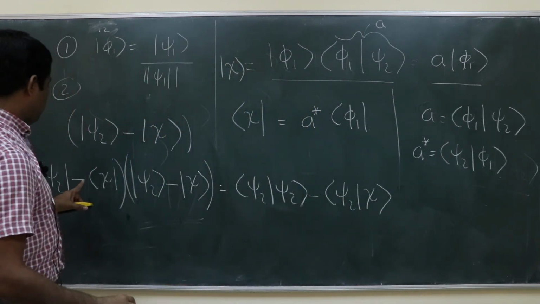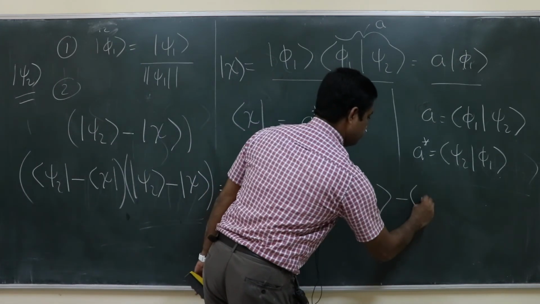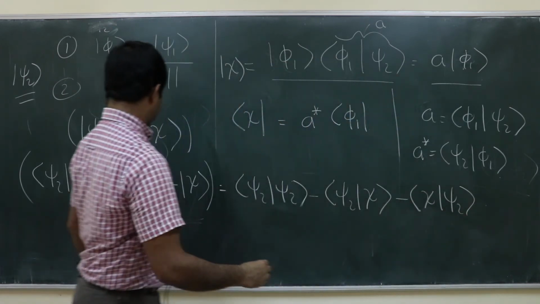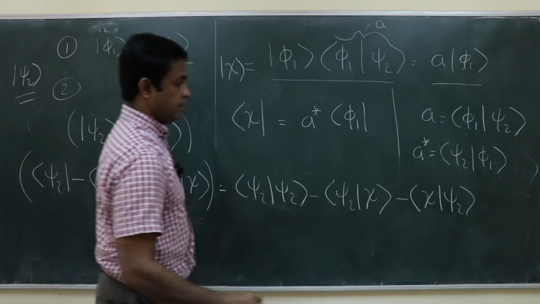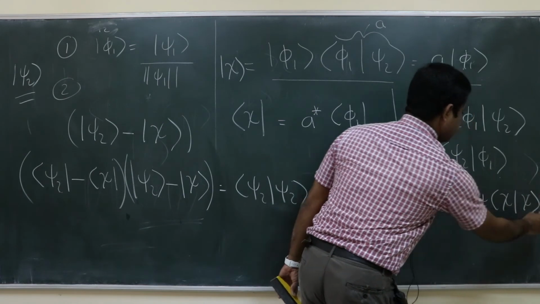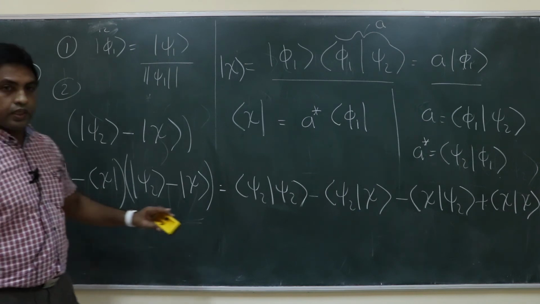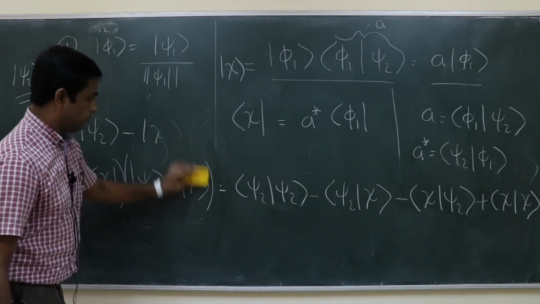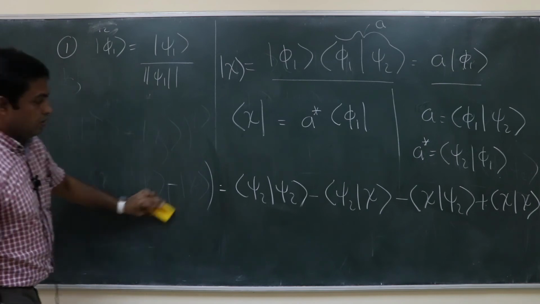Next is minus bra chi ket psi 2. Next is plus bra chi ket chi. So there are 4 terms. Is this clear to all of you? Yes, sir.